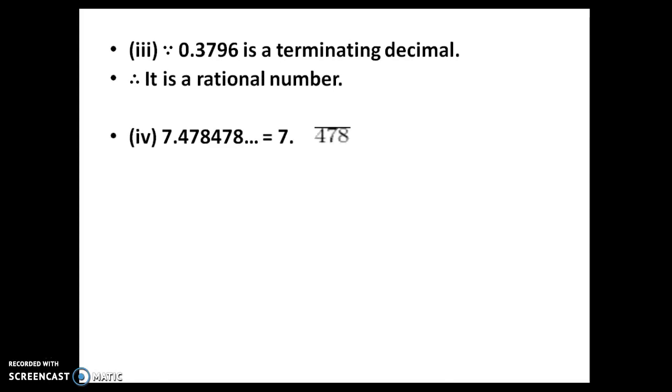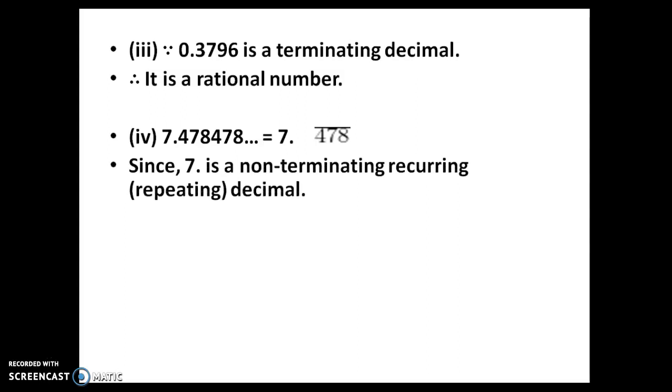Then next one is 7.478478, and so on. Keep on, 478 is repeating. That's why it's represented like 7.478 bar. So when it is non-terminating, recurring, it is a rational number. It is repeating, so it is a rational number.